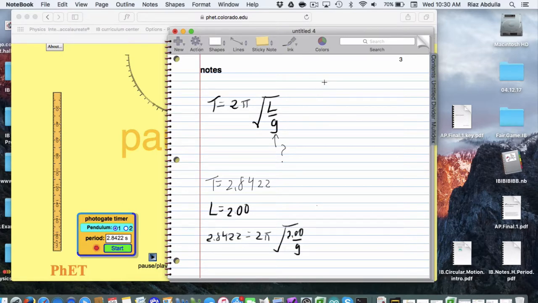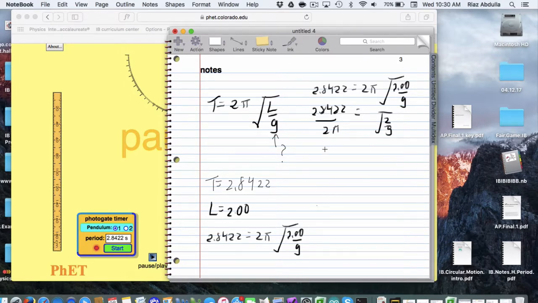Continuing here, let me copy all this math so that I can do that. Right up there. So we're going to have 2.8422 divided by 2 pi equals the square root of 2 over g. I'm just getting rid of those zeros. Now let's square both sides.